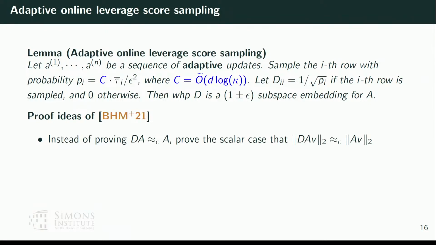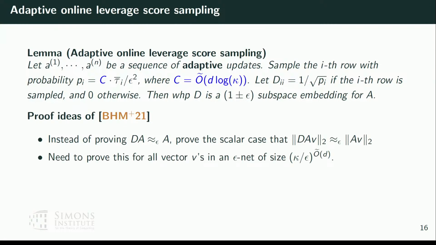What they show is that instead of proving the spectral approximation of the matrices, they reduce it to the scalar case, to just prove the L2 norm approximation for some fixed vectors V. And they need to prove this for all V's in some epsilon net.